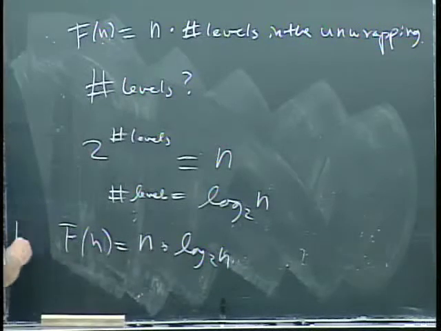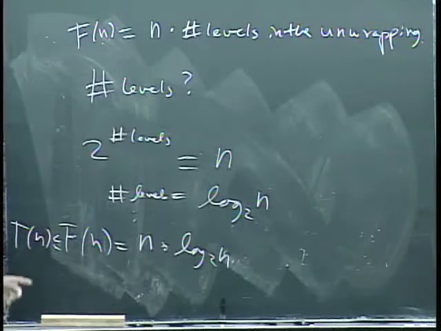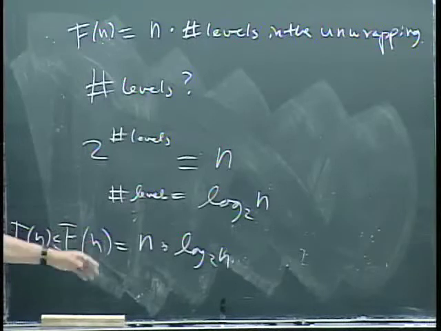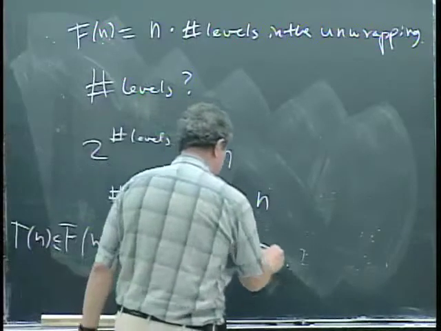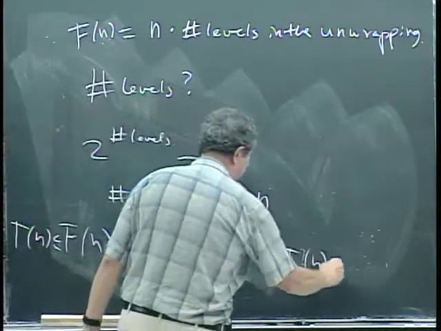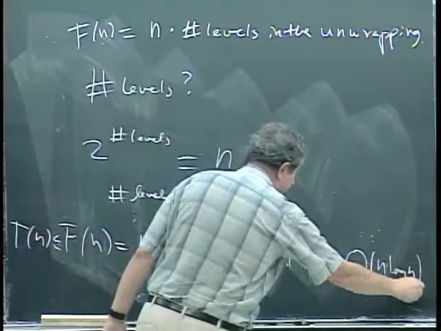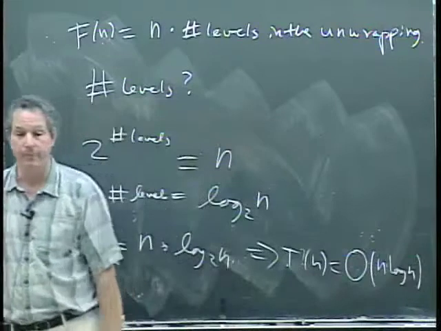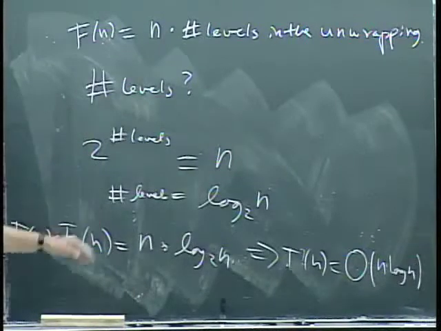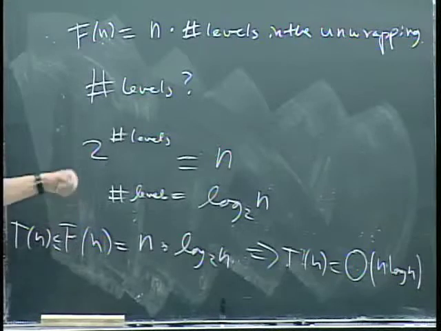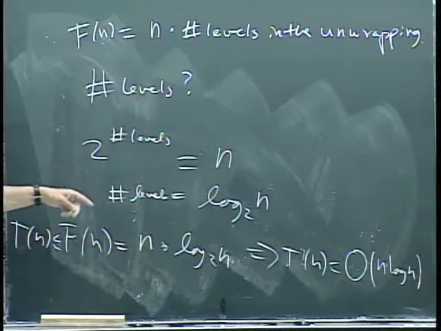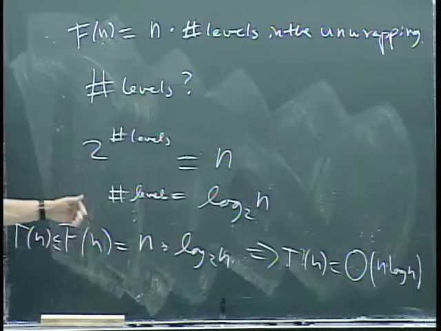Now we said T of n is less than or equal to f, so T of n is less than or equal to n log n. So T of n is equal to big O of n log n. And we have the result that we wanted, and that somebody had said initially, that the worst case number of comparisons in Mergesort is bounded, big O, by n log n.